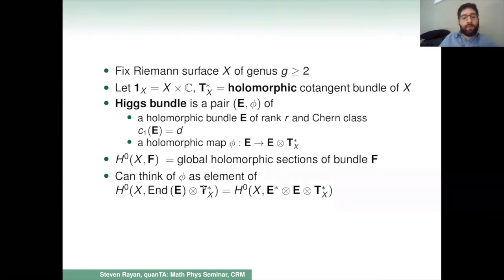And endomorphisms of E I can think of as E dual tensor E, and that point of view is important a little bit later on. And this object phi is what we call the Higgs field. And in this formulation, it need not be a scalar field because the rank of the bundle may be bigger than 1. So that's an important distinction here, maybe on the mathematics side.